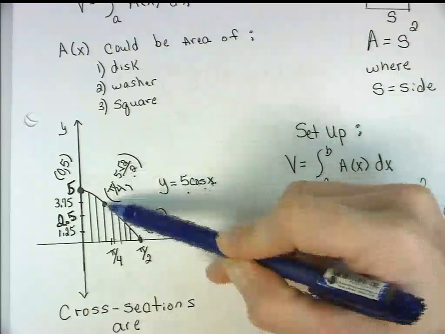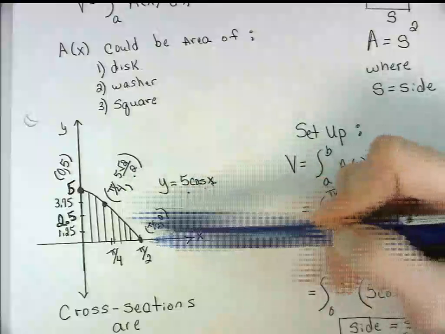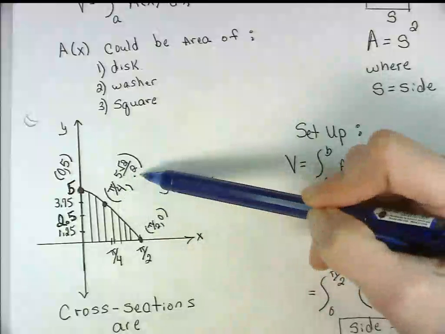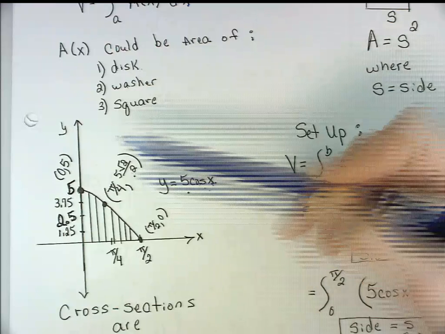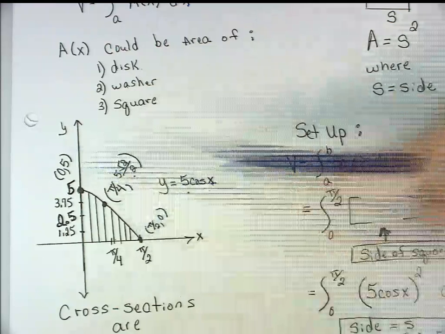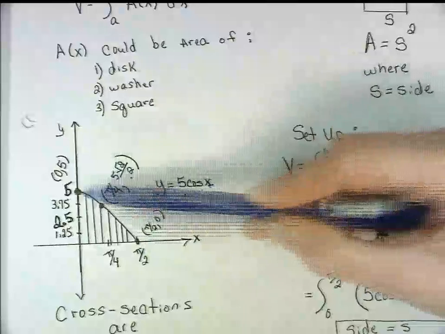So that's how I was able to plot that point. And then we'll give the exact value. Pi over 0, 0 times 5 is 0. So I've got 3 good points.